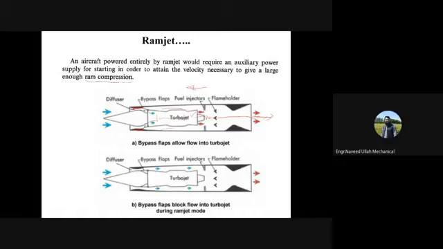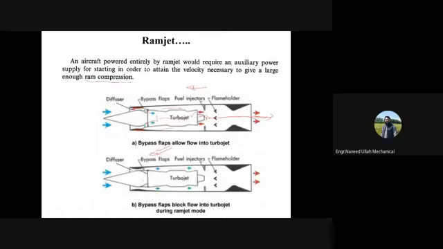Now when it gains its velocity, these bypass flaps are closed. ये जो है ना इसको close किया जाता है. And the air is not going to turbojet, but directly, because velocity of this is sufficient to have the ram effect over here.